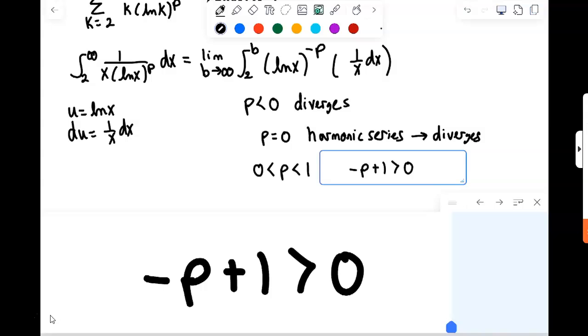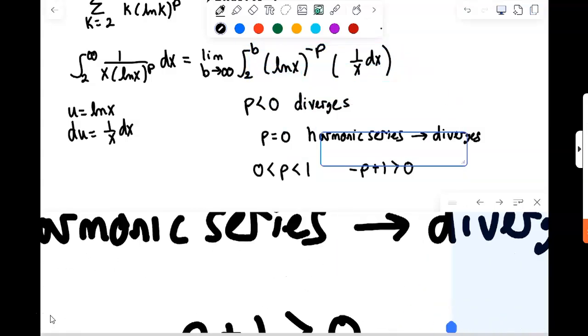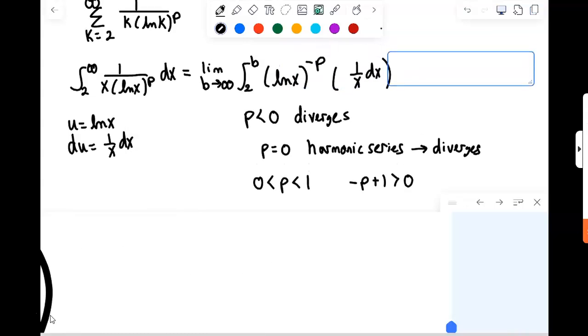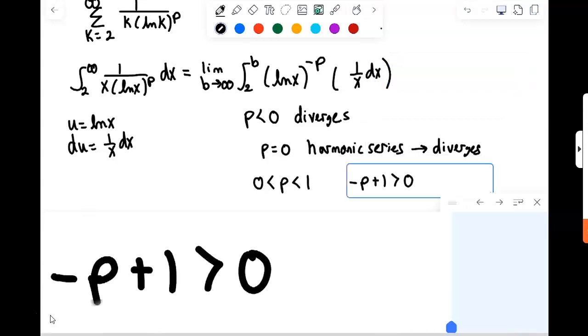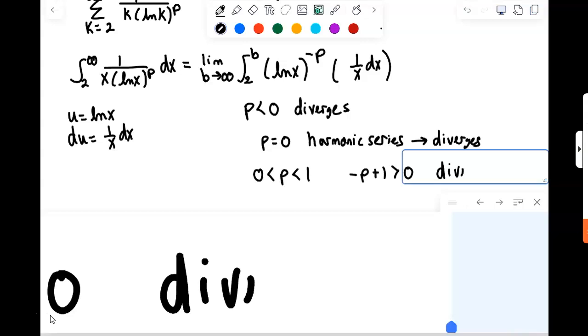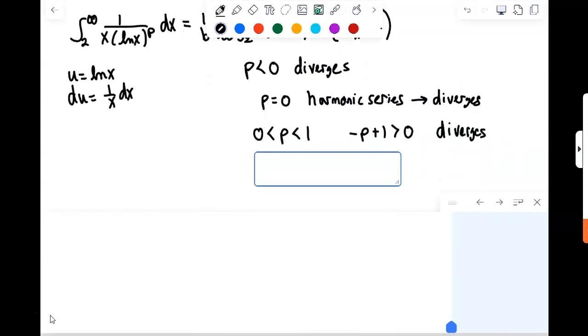And so when you do the integral, we're going to have ln of x raised to some power. As ln goes to infinity, ln of x to that some power is also going to go to infinity. So this situation is also going to diverge.